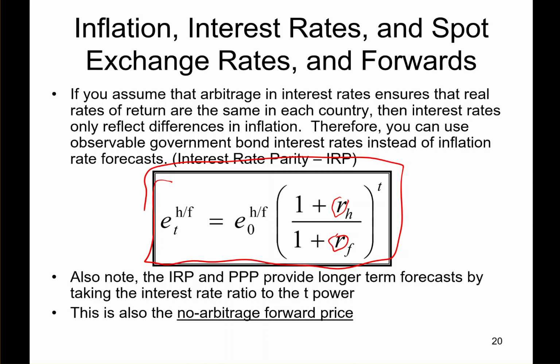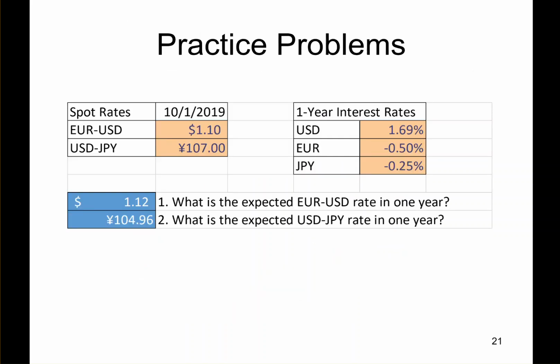So that just allows me to calculate an exchange rate based on interest rates instead of inflation, which is really important because it's easy to get the interest rates of two countries' bonds instead of trying to get inflation forecasts from economists.